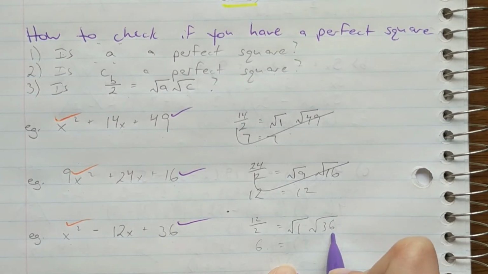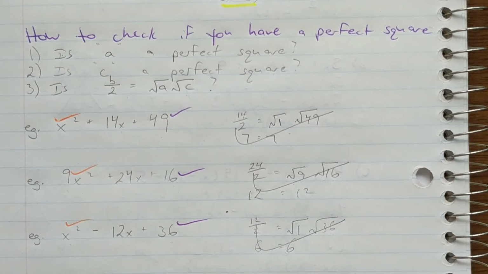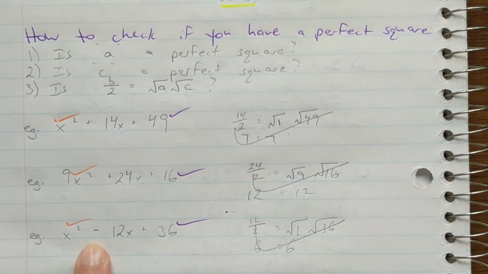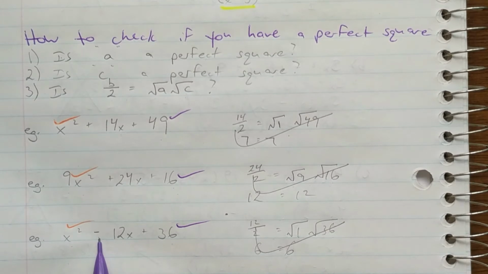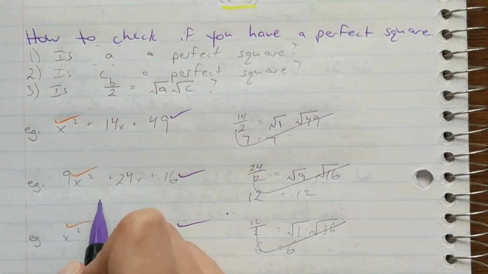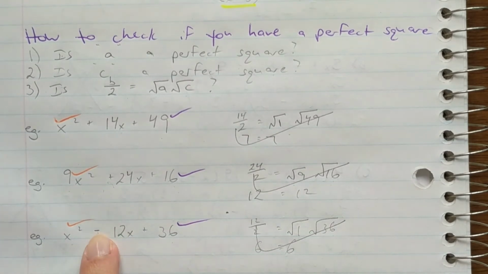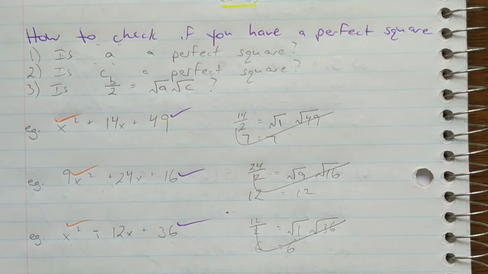Root 36 is 6. 1 times 6 is 6. So this is all good. I've included this third example to point out the fact that this is a subtraction sign instead of an addition sign, as we saw in the first two. A subtraction sign doesn't make a difference when you are doing this third level check, okay? At the end of the day, it'll be rather easy to do, and we'll see in the shortcut what that means for us.